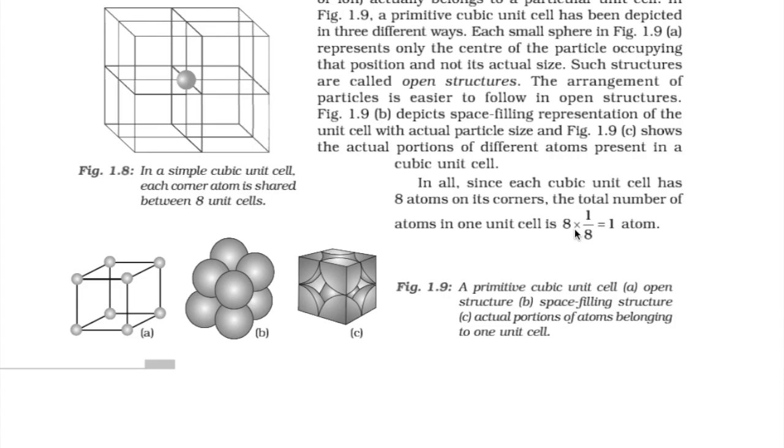Each particle contributes 1 by 8 to every unit cell. So, the total number of atoms present in one unit cell will be 8 multiplied by 1 by 8, that is equal to 1 atom.